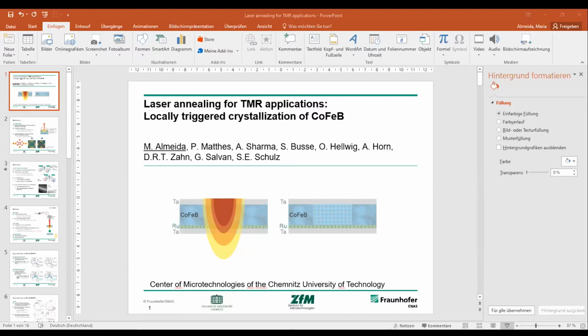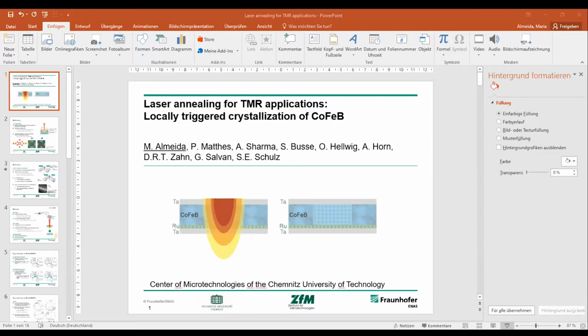So the next logical step is, of course, to see how this method can be used in TMR devices. In the particular case of cobalt iron boron MgO TMR layer stacks, we have an additional constraint. Here the annealing is not only for setting an exchange bias, but we also require this for crystallizing the cobalt iron boron layer.